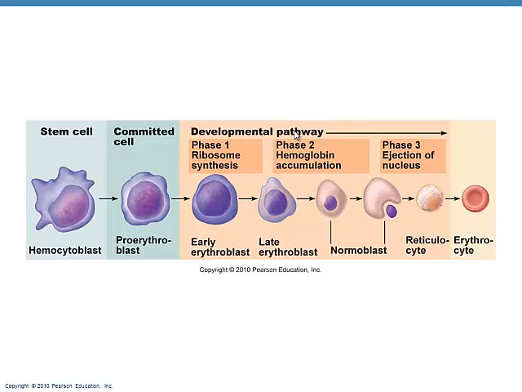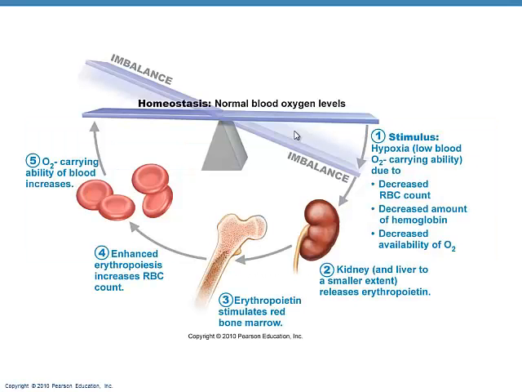What would an increase in reticulocyte count in the circulatory system indicate? If I have too many reticulocytes, and there's a normal value for that in circulation, what might that be an indicator of?